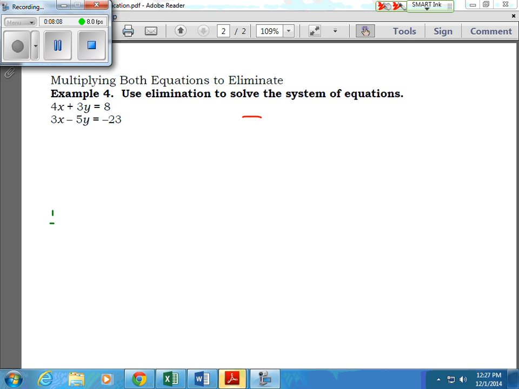I have a 3y and a -5y. I want that to become 3 and 5. The least common multiple of 3 and 5 is 15. So I want that to become 15y, and the bottom one to become -15y. That will allow me to eliminate the y variables.